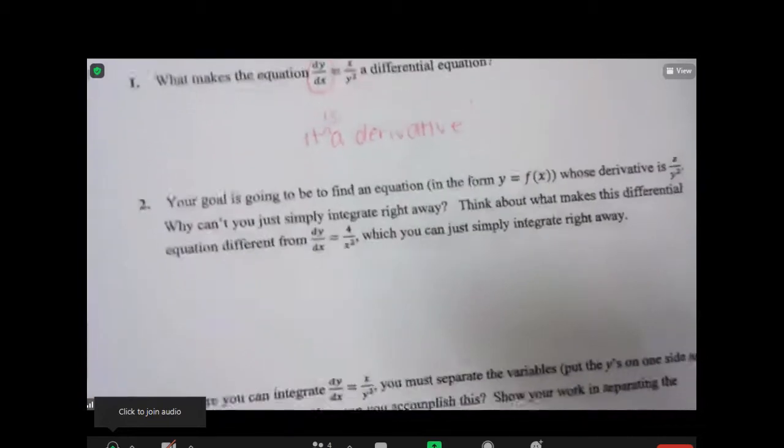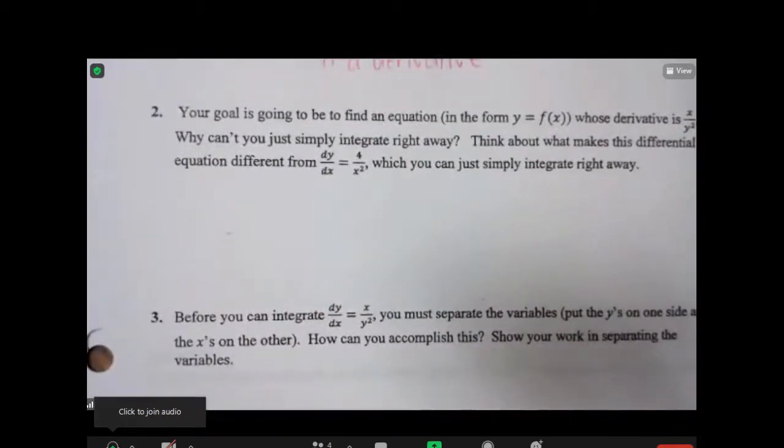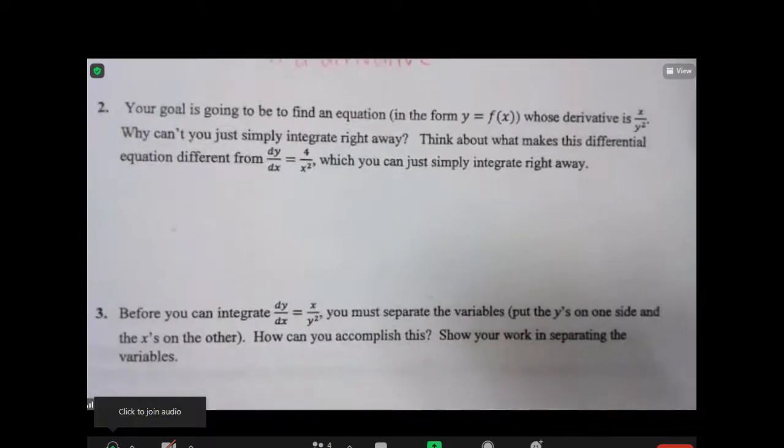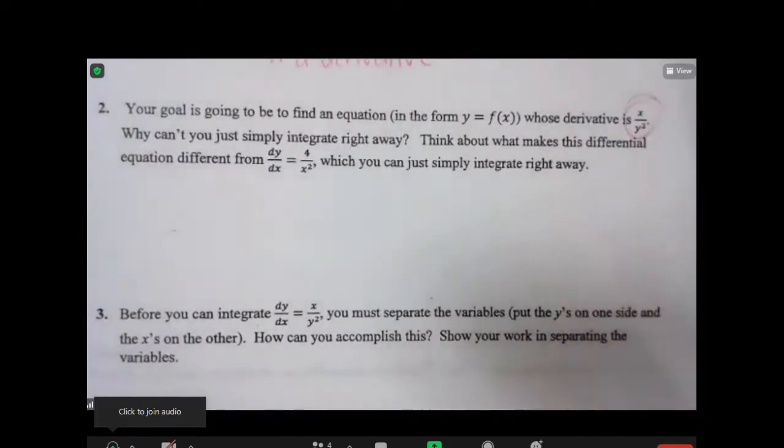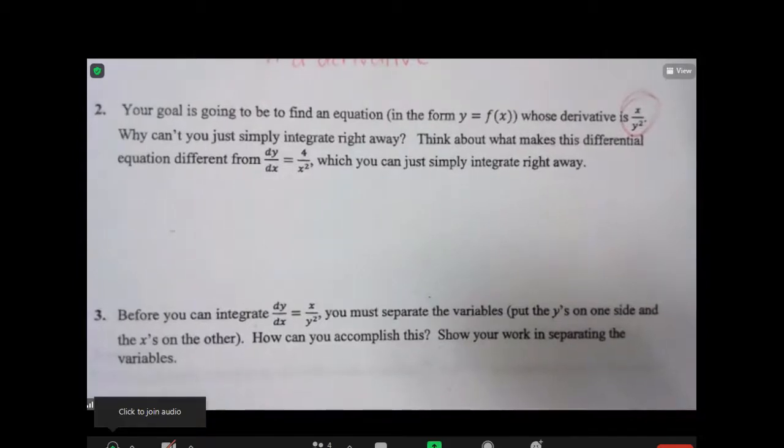Okay, our goal is to take that equation and rewrite it as y equals. What we can't do right now is write it that way because x and y are together. So we're going to take that equation and separate it. Because we have to have dx with our x's and dy's with our y's, we have to mix them up.